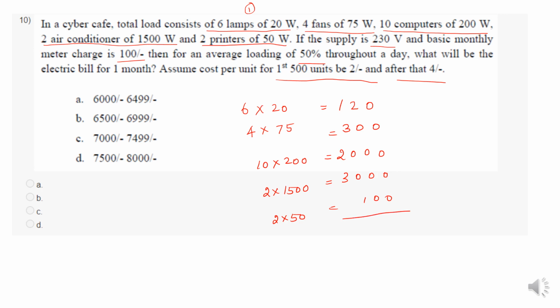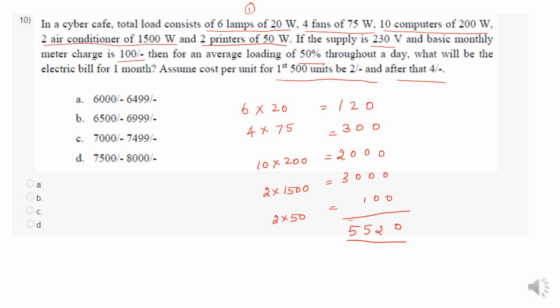So now I am going to add all these. The total is 5520.